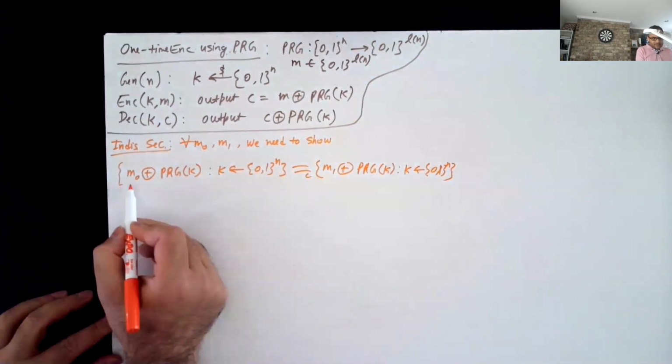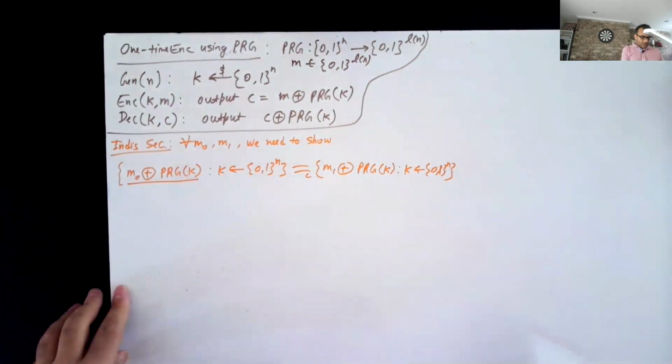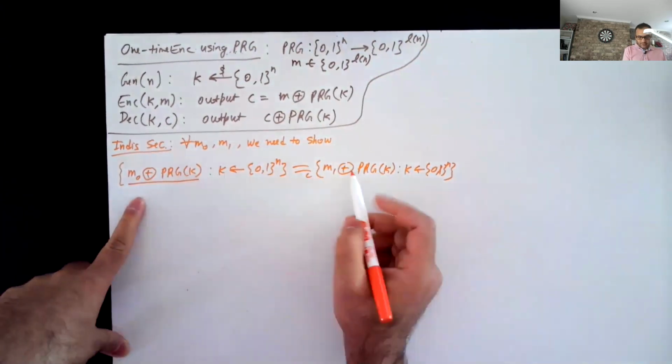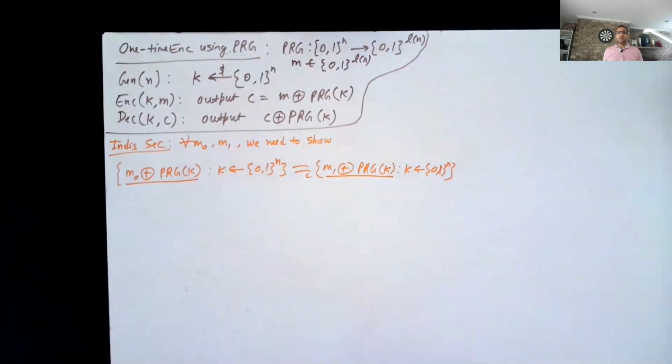This is the ciphertext when you start with M0. This is the ciphertext when you start with M1. You need to prove that these two ciphertext distributions look computationally indistinguishable, right?